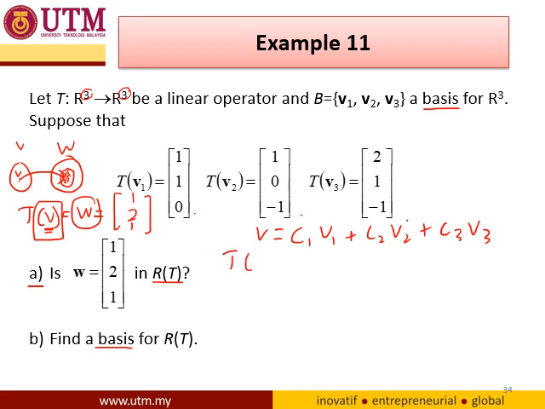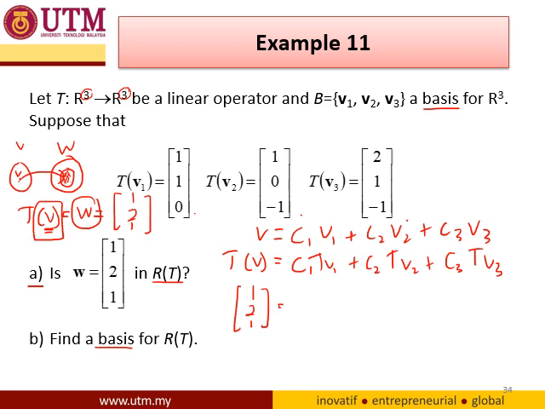So we also know that the transformation of V is equal to C1 times the transformation of V1, plus C2 times the transformation of V2, plus C3 times the transformation of V3. We know that after the transformation of V we will have our W, which is (1, 1).